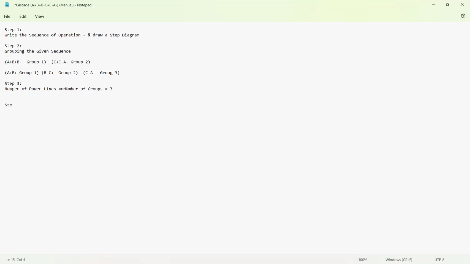Next step, the number of valves. First one is the number of pilot operated 4/2 direction control valves for cylinder control, which is equal to the number of cylinders.